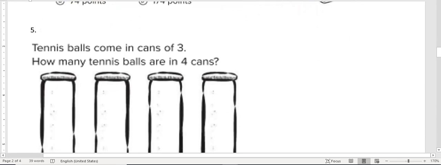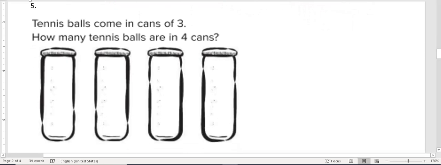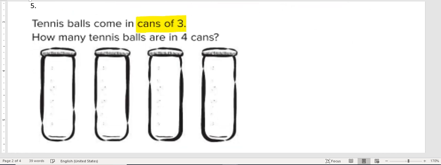Question number 5. It says, tennis balls come in cans of 3. How many tennis balls are in 4 cans? So here we have 4 cans listed. Can 1, 2, 3, and 4.